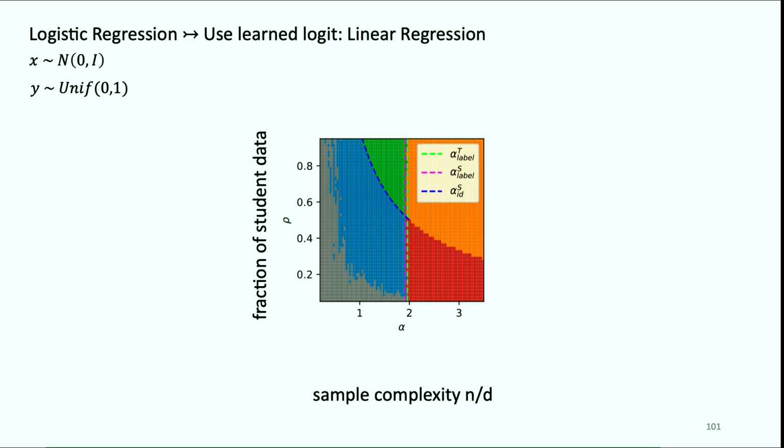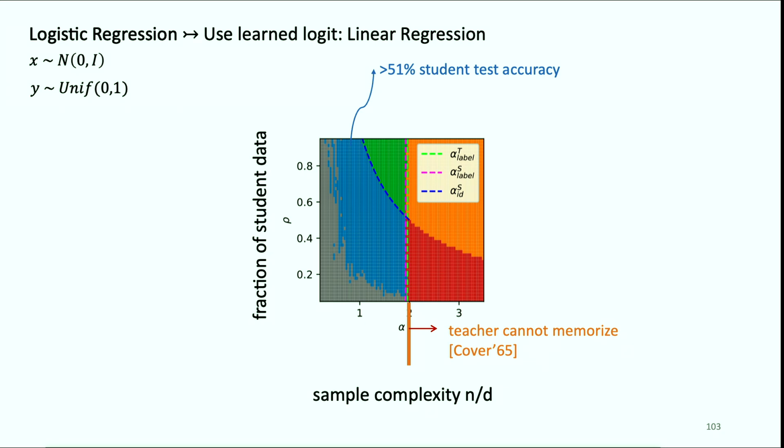There is a known threshold that a teacher cannot memorize more than 2 times the samples than the dimension. On the x-axis here is how much of the data the student actually sees. As I increase up to here, it sees almost the full data set.